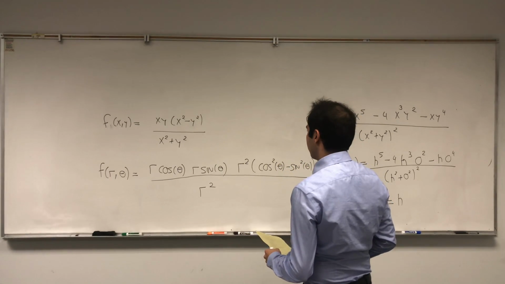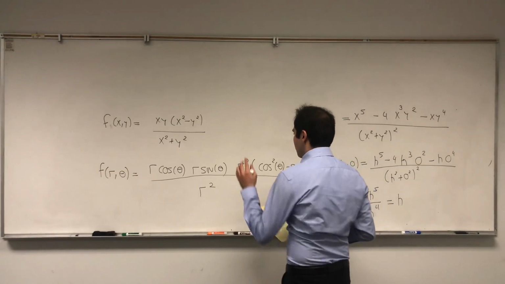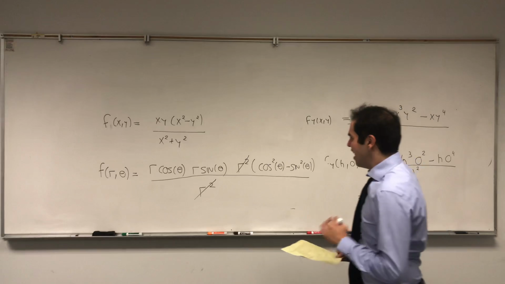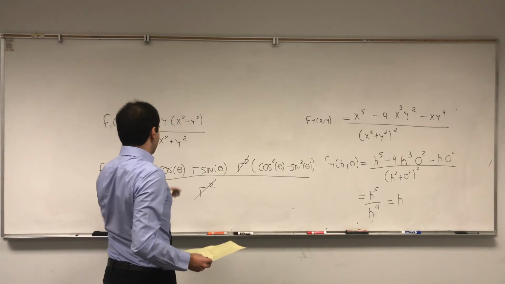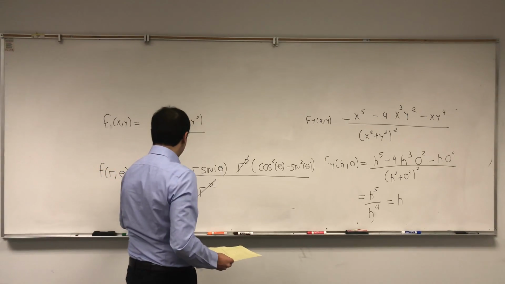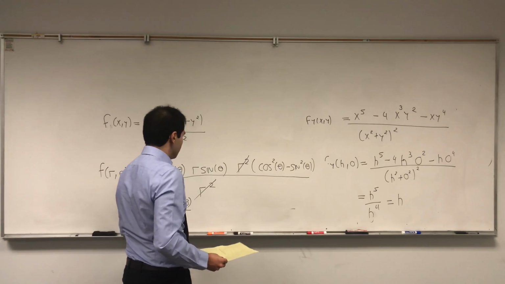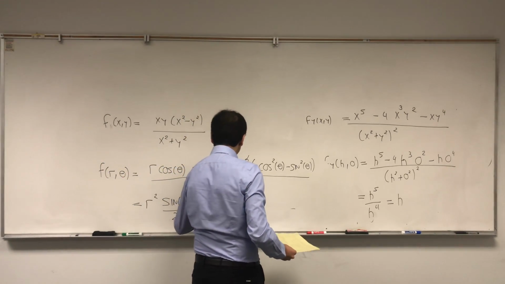Let me just check. Yeah, okay, good. Then the r squareds cancel out, and what you're left with is simply r squared cosine theta sine theta, which you can write as sine of 2 theta over 2, and cosine squared minus sine squared becomes cosine of 2 theta.